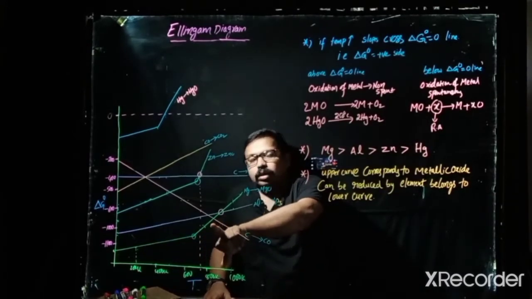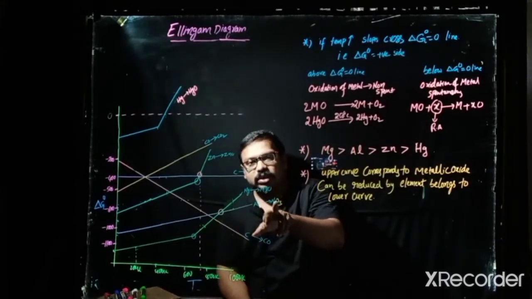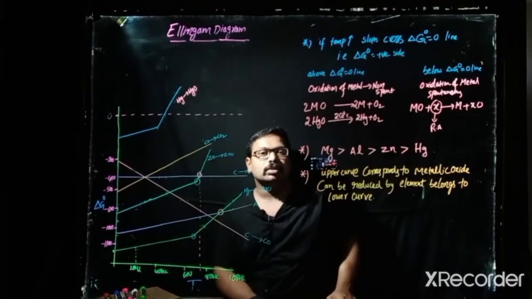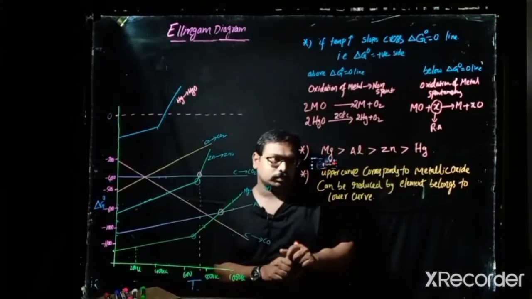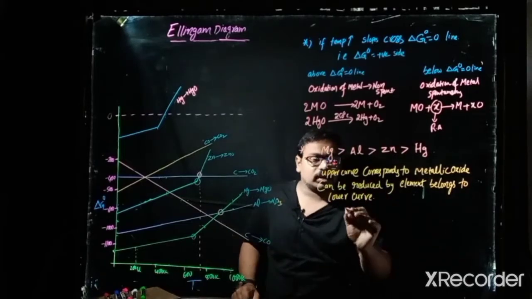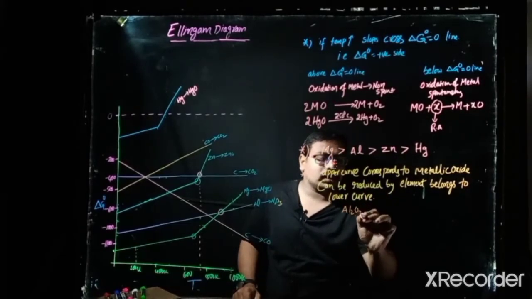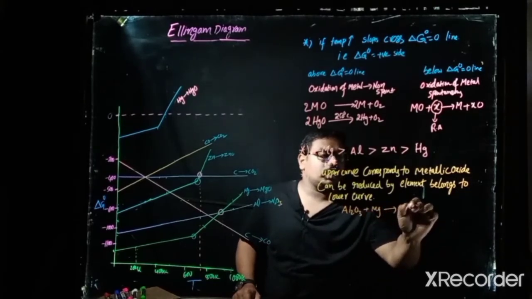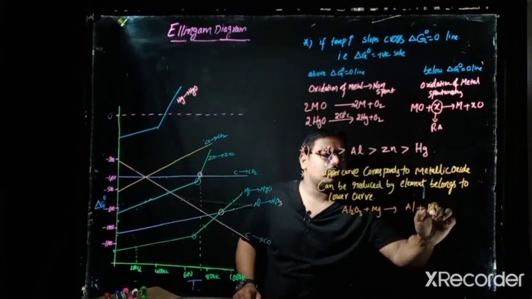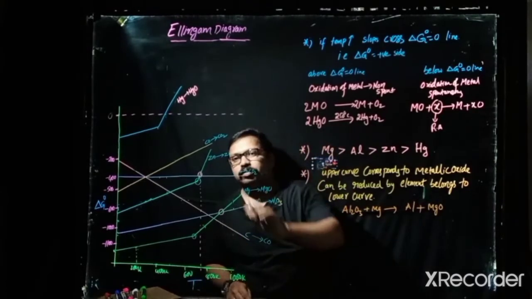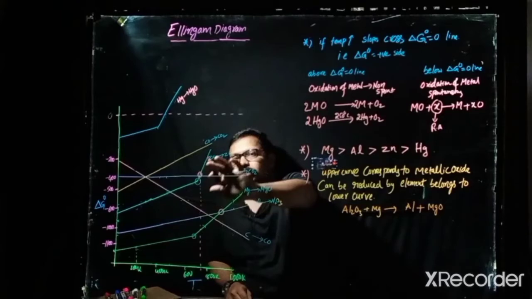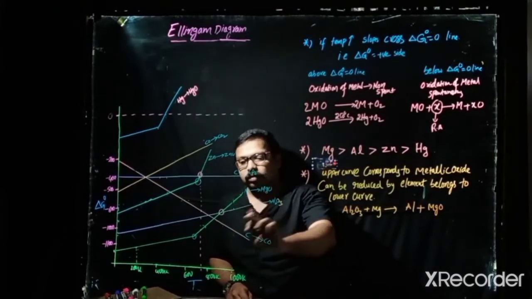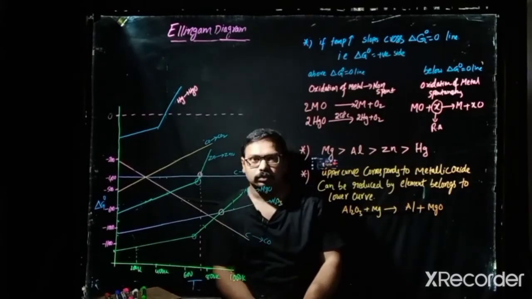So aluminum oxide can be reduced by magnesium, giving aluminum and magnesium oxide. Also, the zinc oxide curve is above the aluminum and magnesium oxide curves.